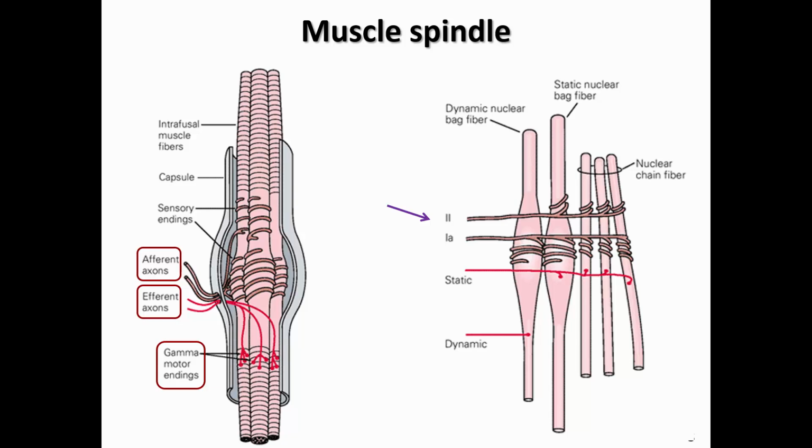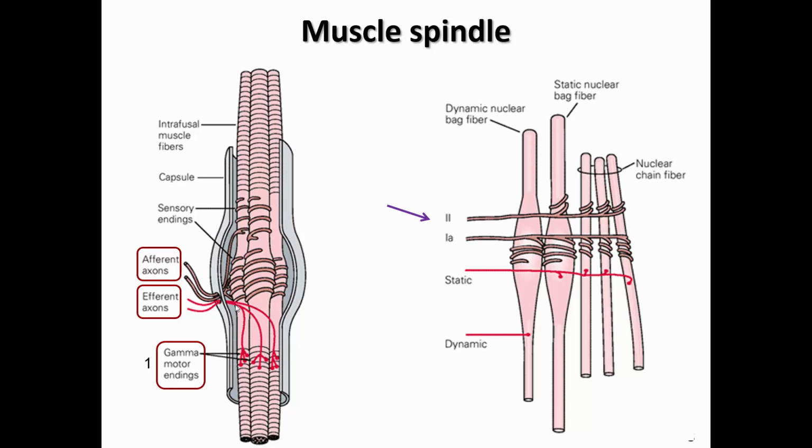And much like the extrafusal muscle fibers, the gamma motor endings refer to the gamma motor neurons that transmit these long axons and will innervate the contractile elements located in the polar regions of these intrafusal fibers.